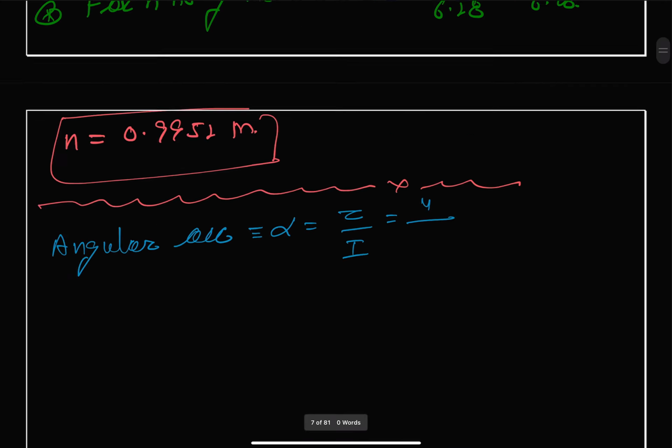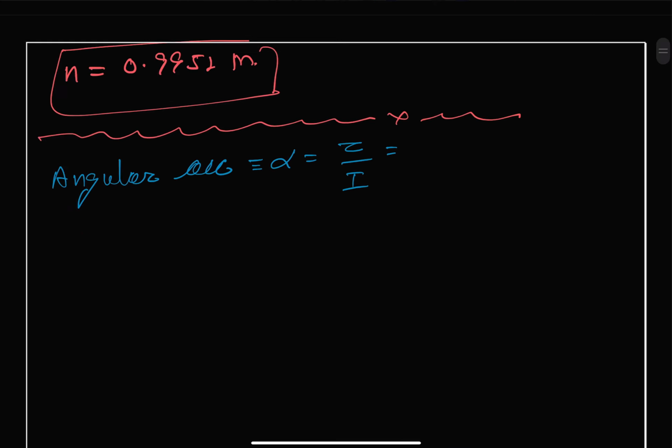Okay, let me write the formula. So torque is equal to force into our radius, and this is our half m r square. So this r goes by square, and we get alpha will be equal to 2 times f divided by m times r.